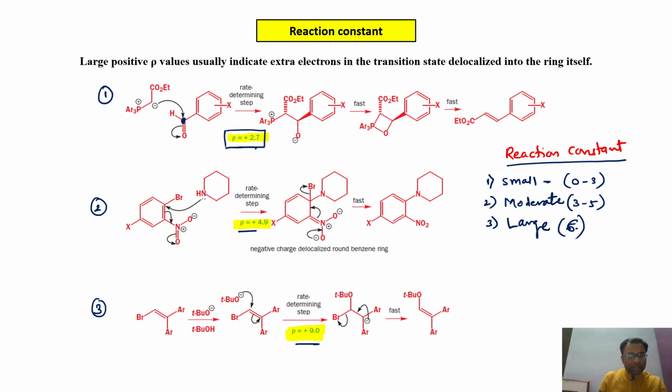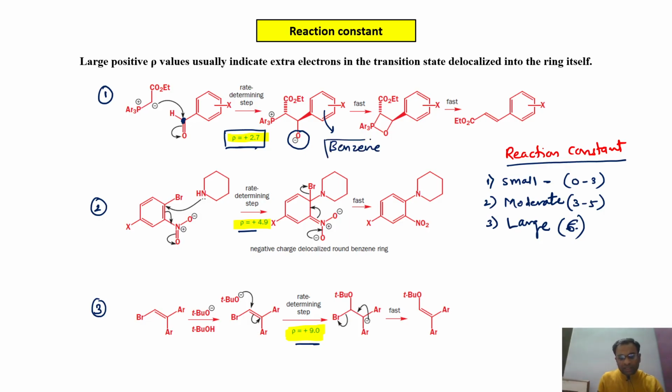Now consider the first reaction. In this Wittig reaction, the phosphorus ylide attacks the carbonyl carbon, and formation of this alkoxide anion takes place. This alkoxide anion is not in conjugation with this benzene ring.